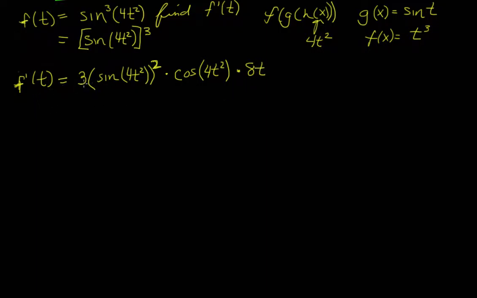So the derivative is given by this expression. I'm going to clean it up now, and we'll get 24t sine squared of 4t squared times cosine of 4t squared. There's the derivative.